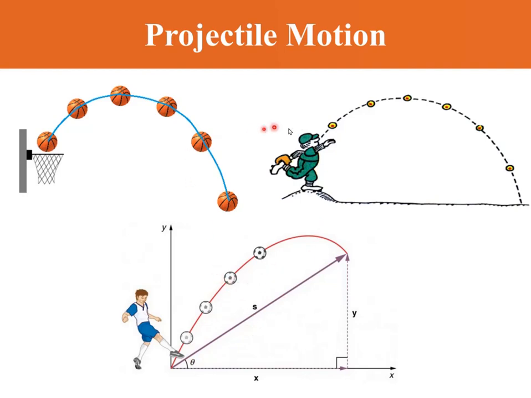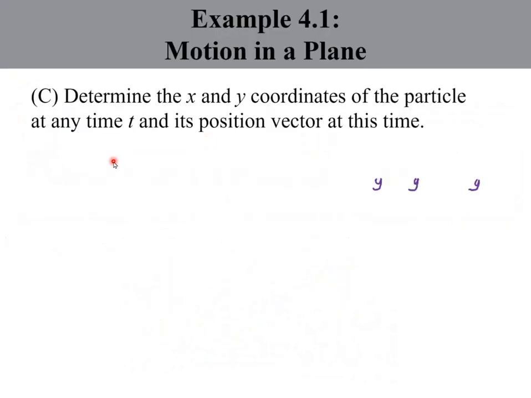All these motions are examples of projectile motion, where the object goes up and then comes down again, and at the same time it goes forward. The basketball one is the wrong way around. Sorry.